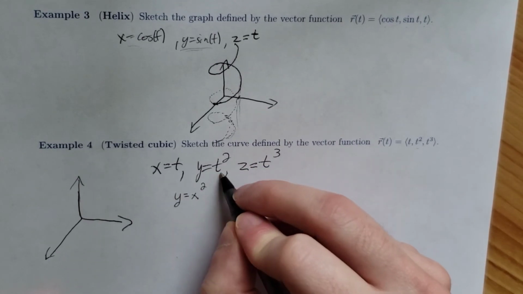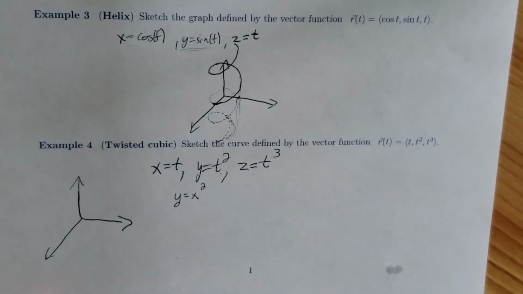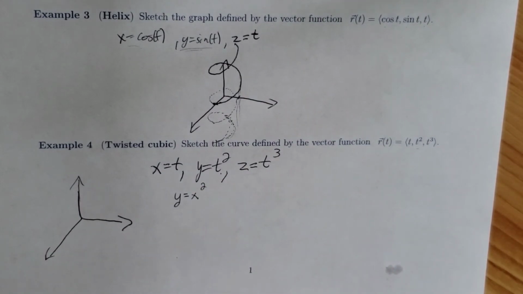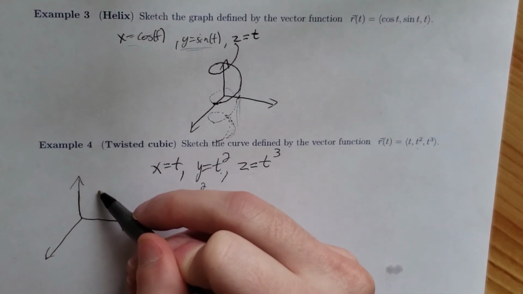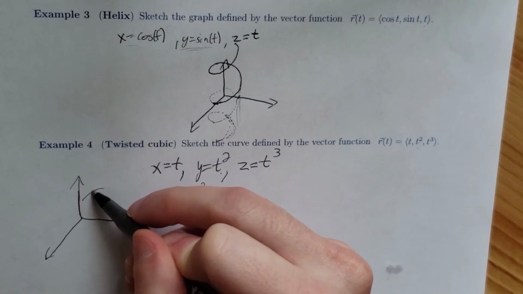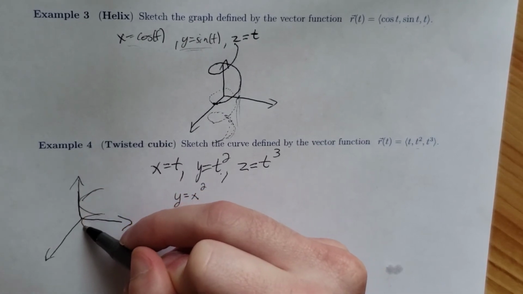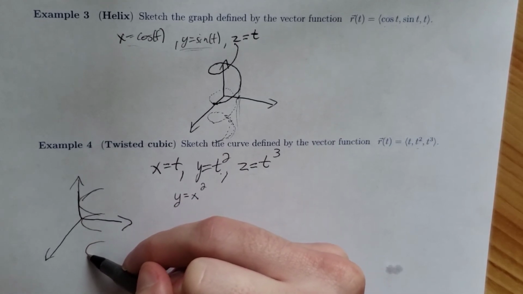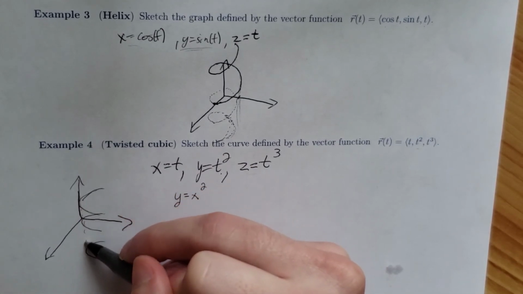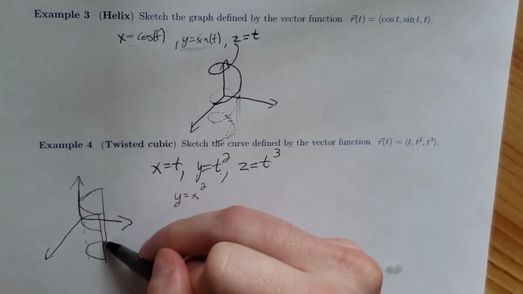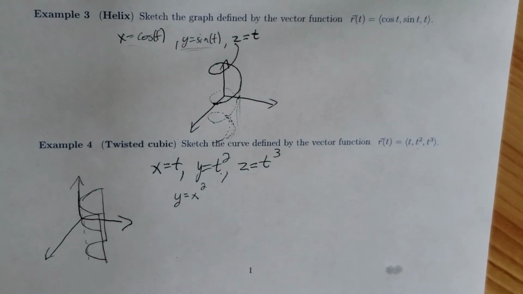Because x is t. I just replaced t with x because that's what it is. Well, y equals x squared. In 3 dimensions, this is the parabolic cylinder that we had done before. We have graphed this before. Right? So we have that parabolic cylinder.